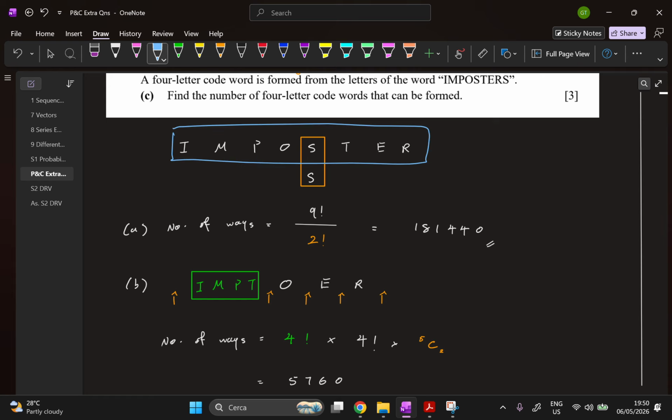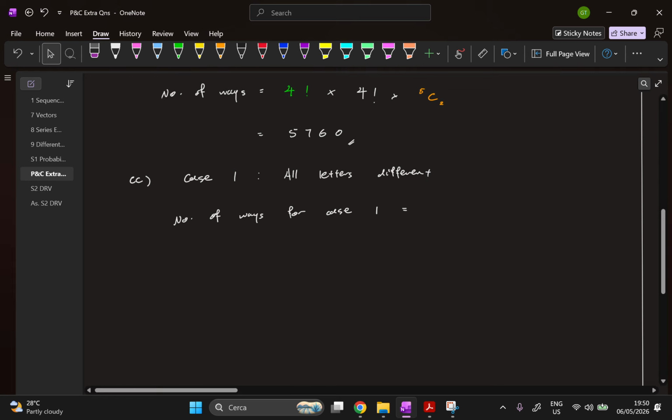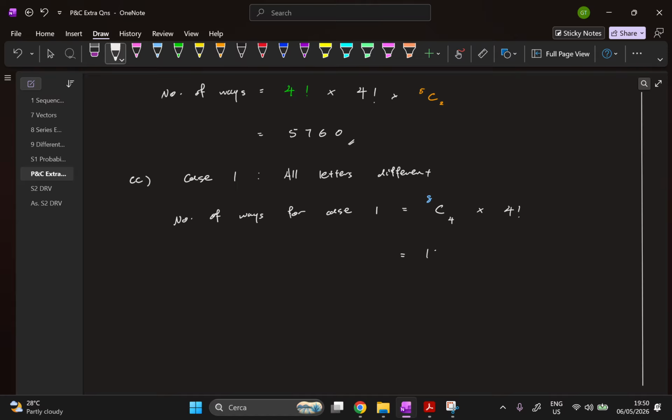Out of the 8, I need to choose 4 to make a 4-letter code word. This is my choosing. And then what's the next step after that? I permute all my distinct units. In this case, there are 4 distinct units, so I need to add a 4 factorial at the back. And this is 1680. So this is the first case.